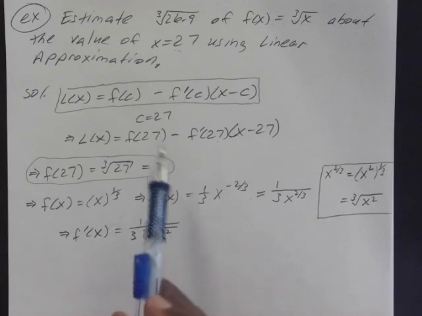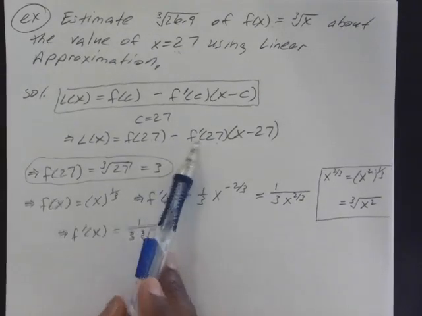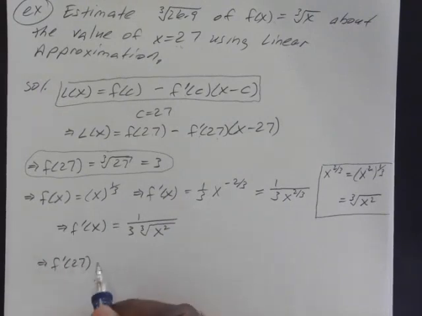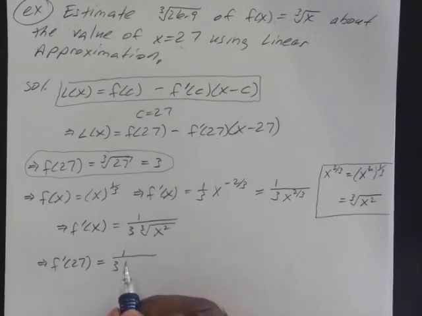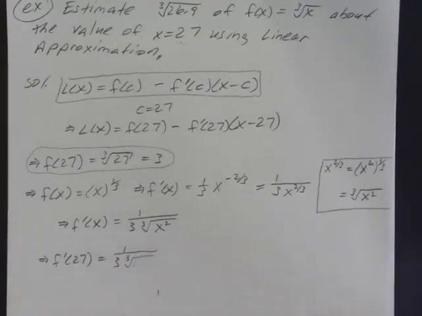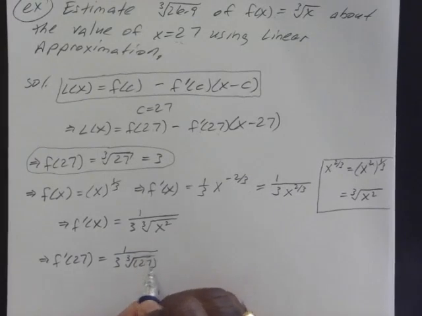So if we want to find f prime of 27, that's just equal to 1 divided by 3 times the cube root of 27 squared.